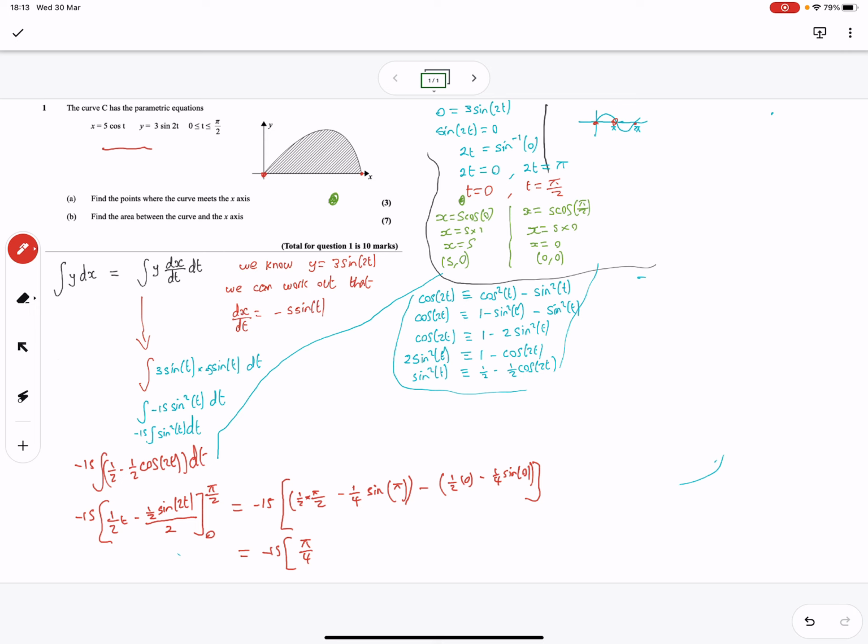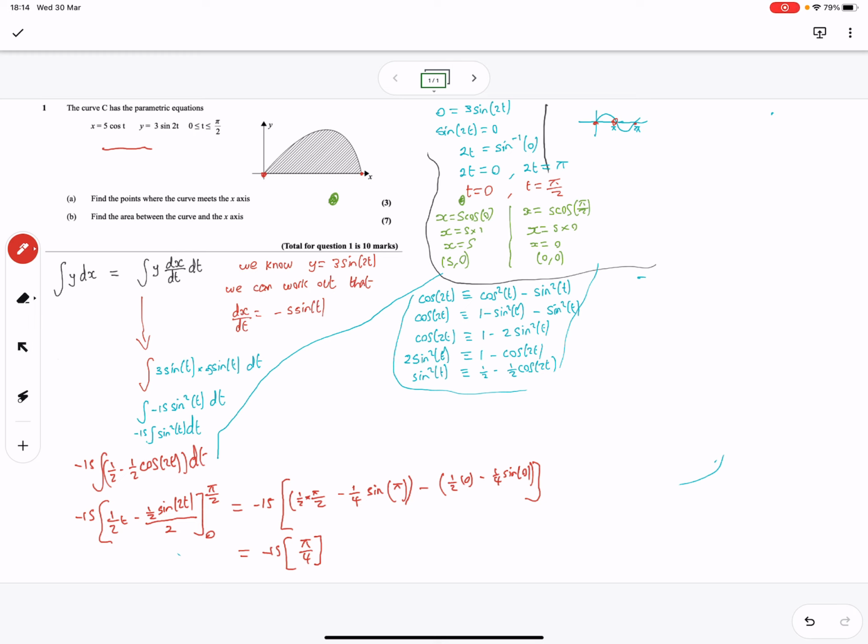So that bit's just 0. Wouldn't that be pi over... Oh, no, because it's times 2, okay. Yep. And then the minus a half times 0, minus a quarter times sine 0 is all 0. So it's just minus 15 times pi over 4.